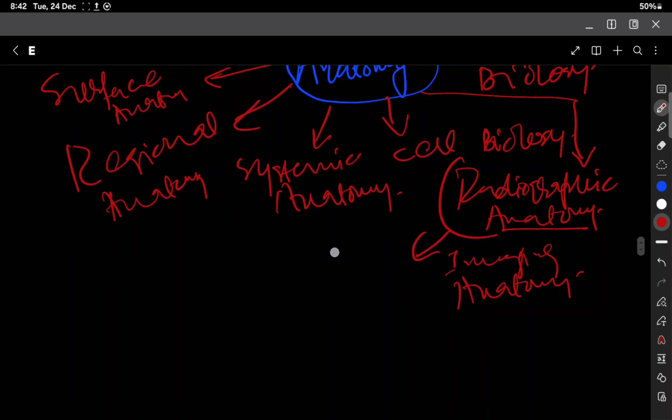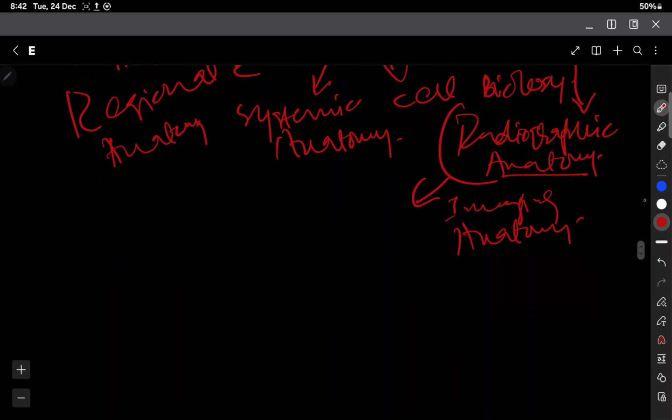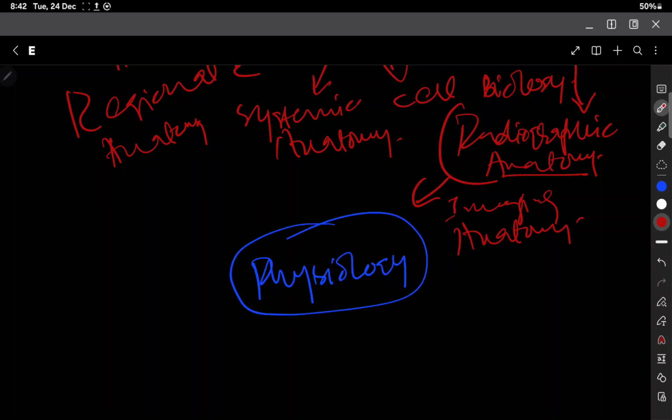Same, we can study the scope of physiology also. So what will be the scope of human physiology? Like, for example, neurophysiology, where we will be studying the function of the nervous system.